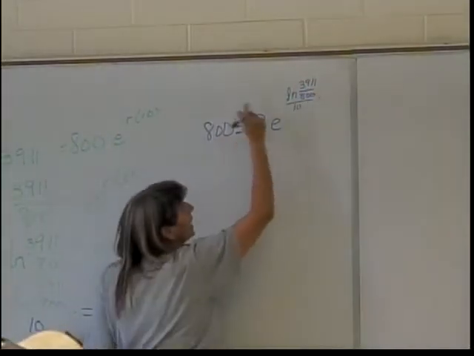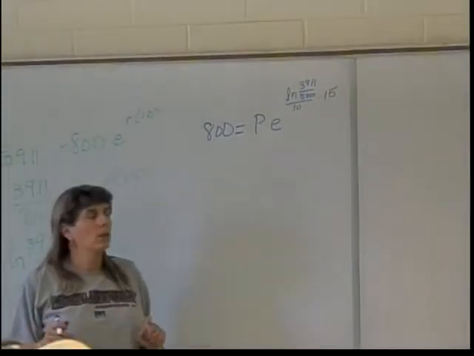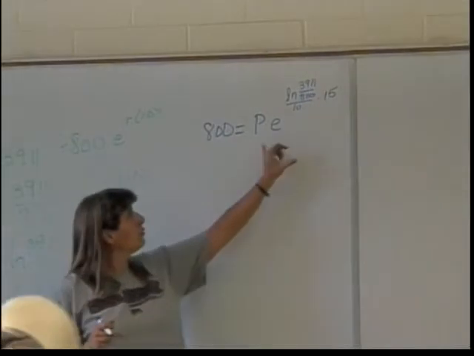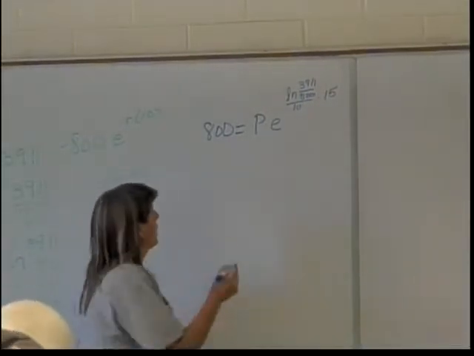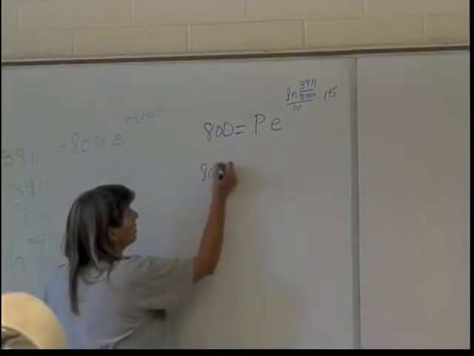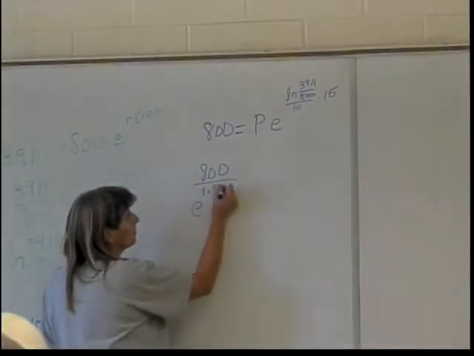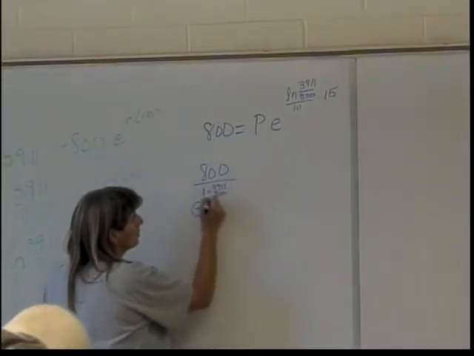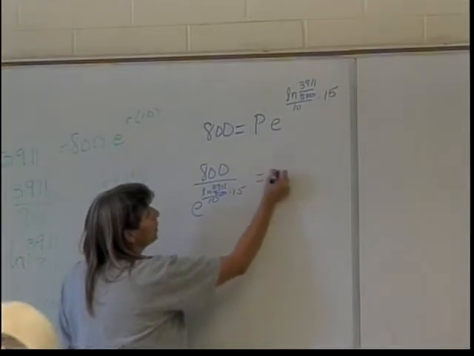And then we had 800 after 15 minutes. So I can divide my 800 by this mess, which is just a number, to find out how many bacteria I had. That's 10 times 15, and that'll tell me what P is.